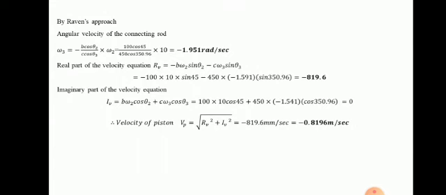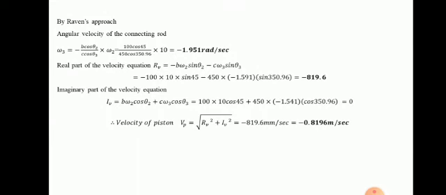The real part of the velocity equation RV is minus 819.6. The imaginary part of the velocity equation IV is B omega 2 cos theta 2 plus C omega 3 cos theta 3. It is 0.